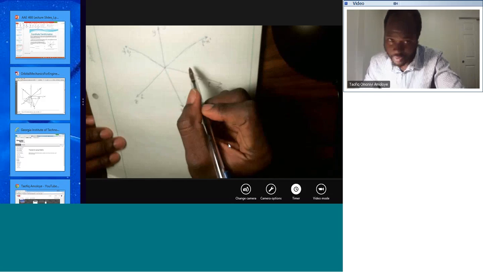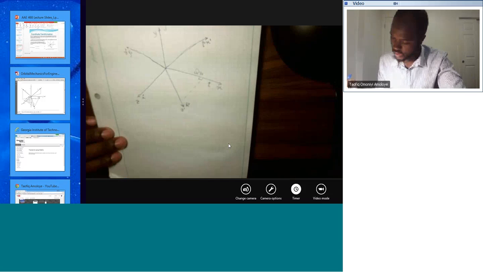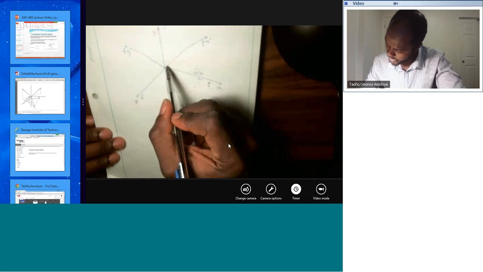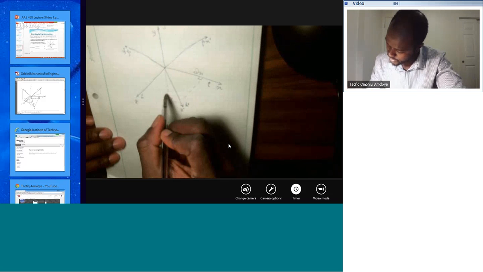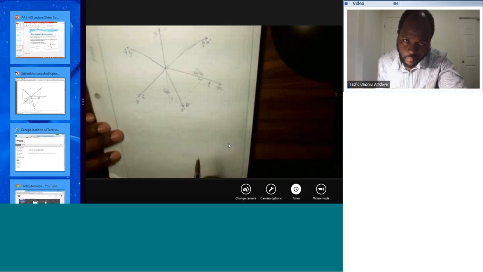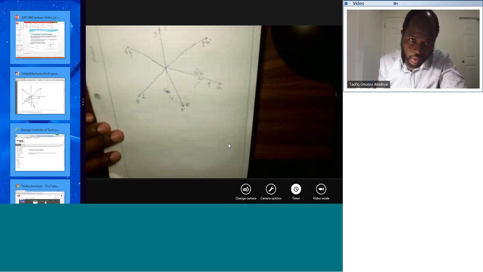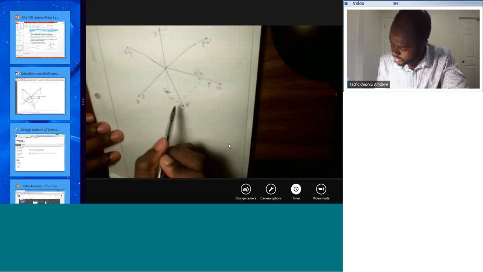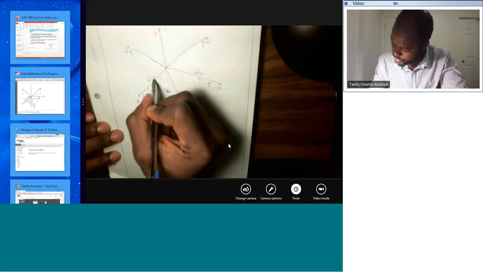And that's what has been denoted as Q31. And then we have to look at its components on the y-axis, and that's what has been denoted as Q32. Is it clear? And then we have to look at its components on the z-axis, and that's what has been denoted as Q33.